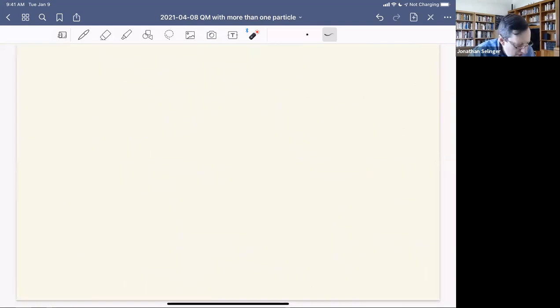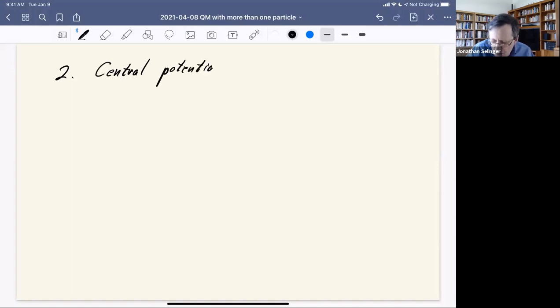Okay, so the other special case that's common is what the book calls a central potential, or people often call it a central force potential.